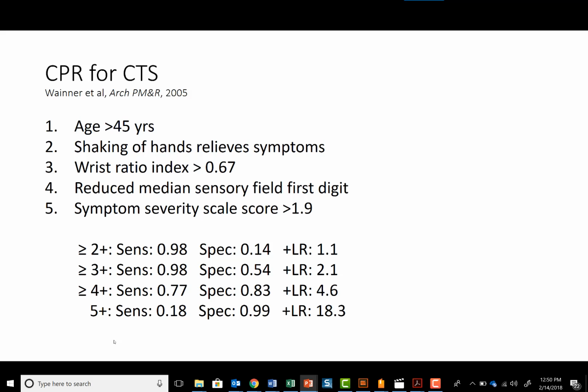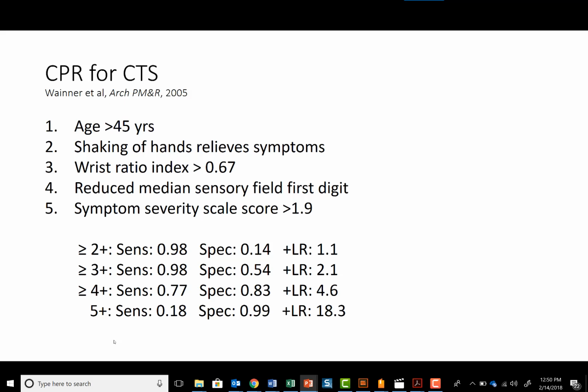And so what they found was people over 45, shaking of hands relieves symptoms, wrist ratio index greater than 6.7, reduced median sensory field to that first digit, so that's that Simmons-Weinstein testing, and symptom severity scale, which is sort of like an Oswestry or an NDI or some of these other outcome measures that you would see.